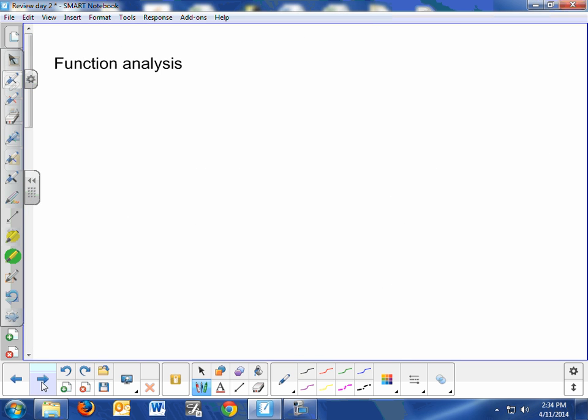Function analysis. Getting into the fun stuff. Not only does f prime tell you the slope of the tangent of f, but f prime also tells you whether f is increasing or decreasing.